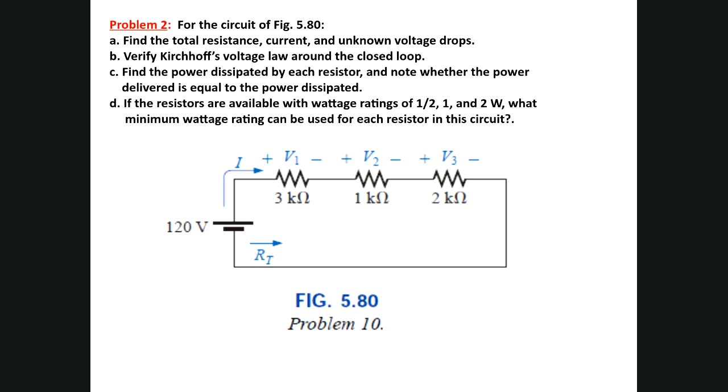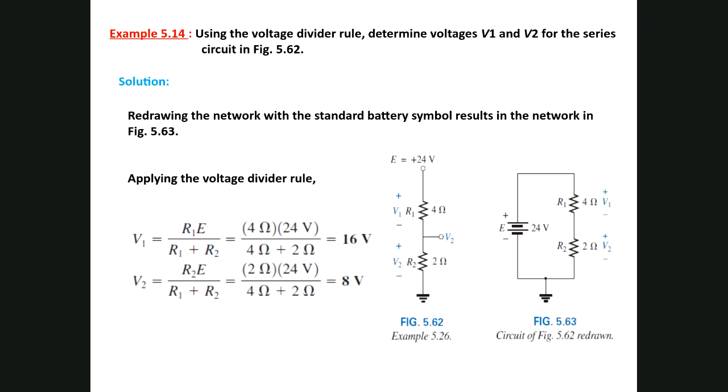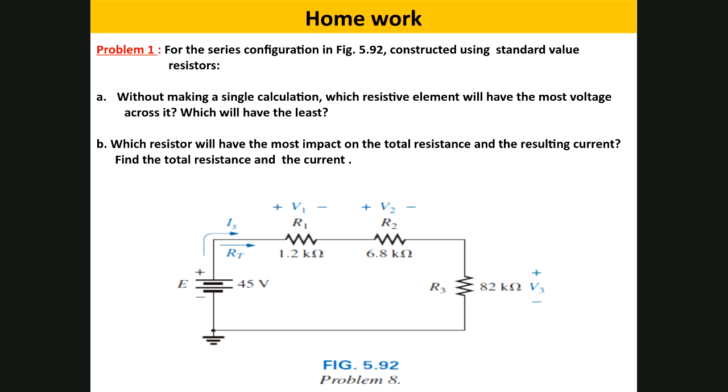Well, here, what else? Actually, this is the homework. You attempt this homework. Very simple homework. This is a series configuration here. You need to find the voltage drop, you find the total resistance, and so on.